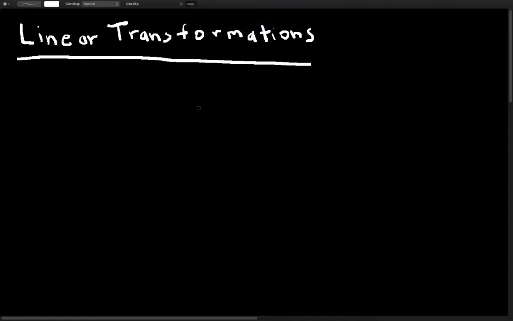In this video, we're going to be talking about linear transformations. Linear transformations are a way to take a vector and turn it into another vector. We can define it as T goes from Rm, so a vector in Rm, to a vector in Rn.